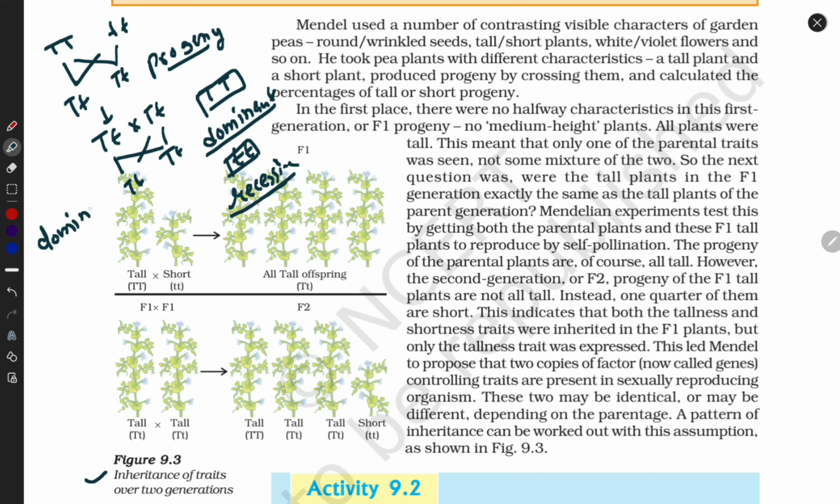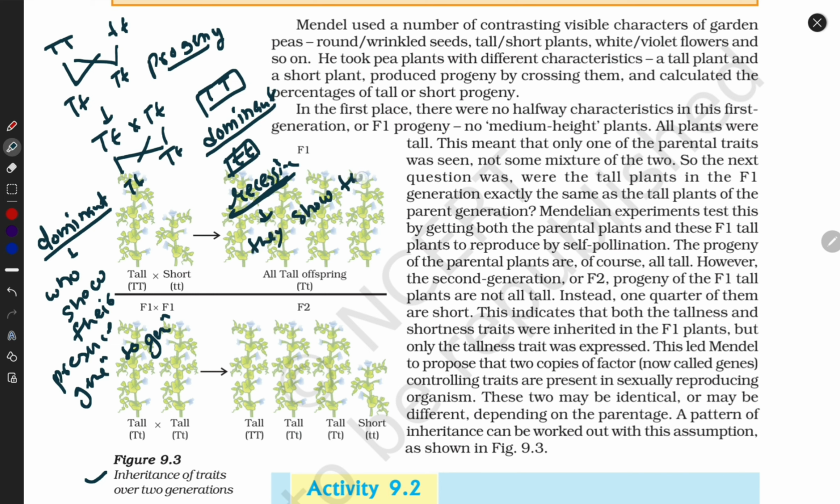Dominant characters are those that show their presence generation to generation. And recessive characters show their presence in the absence of the dominant trait.